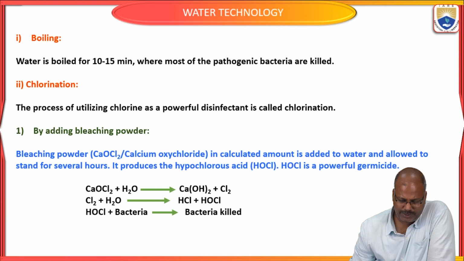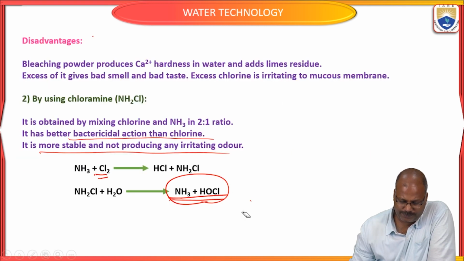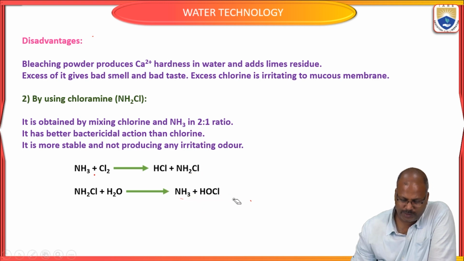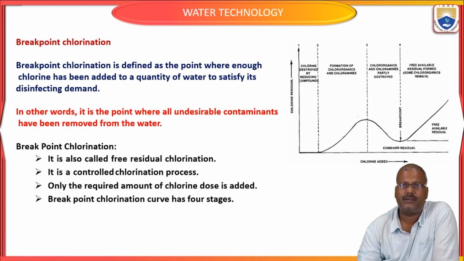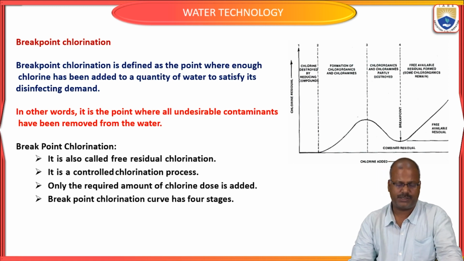Similarly here, Ca(OCl)2 is formed in situ and then HOCl is formed. So here, in chlorination, chlorine is directly used as a source of disinfectant.